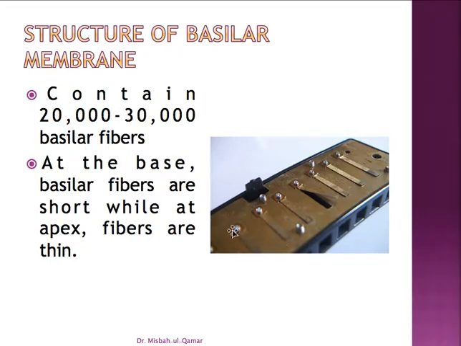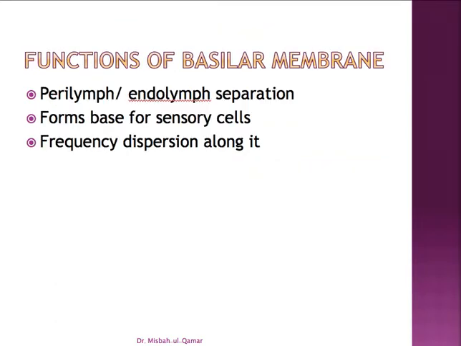Only a particular frequency will stimulate or cause the movement of the fibers at the base, which will not cause the movement of the fibers at the apex. So this is how the basilar membrane serves for the frequency dispersion along its whole length.